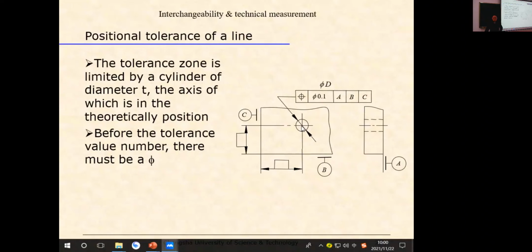So this is to determine this line, this point, right? Because this is a line, this line is also perpendicular to this surface, right? So A, B, C restrict this position, right?